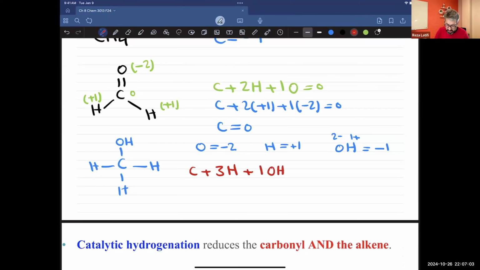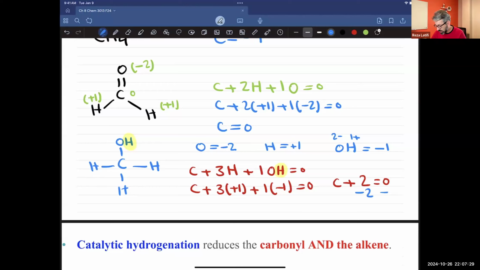The hydrogen I'm highlighting is attached to oxygen, not carbon, so we need to keep it away. That equals the charge, which is 0. Carbon plus 3 hydrogens at +1, and then 1 OH at -1, equals 0. So carbon plus 2 equals 0. Subtract 2 from both sides, and that gives us the oxidation number of carbon equal to -2.